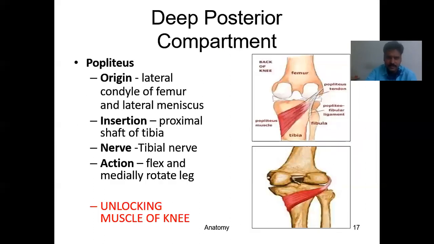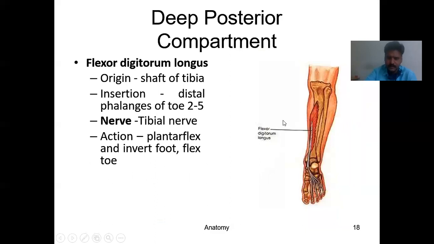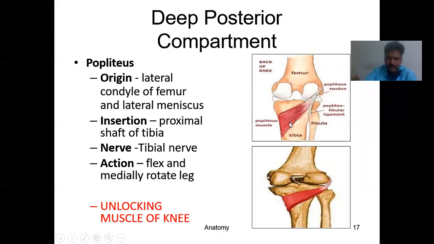So come to the popliteus. What is the origin of popliteus? It arises from the lateral condyle of the femur and the lateral meniscus, and is inserted into the proximal shaft of the tibia. It is supplied by the tibial nerve.